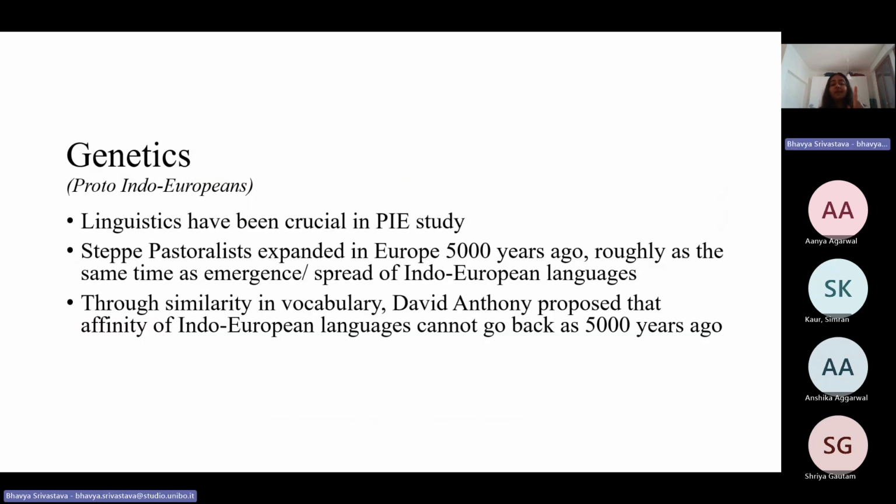So, linguistics, yes. I also said that it was not just the archaeological culture, strontium analysis, or DNA that told us that a migration took place. It was also understood with the help of linguistics.